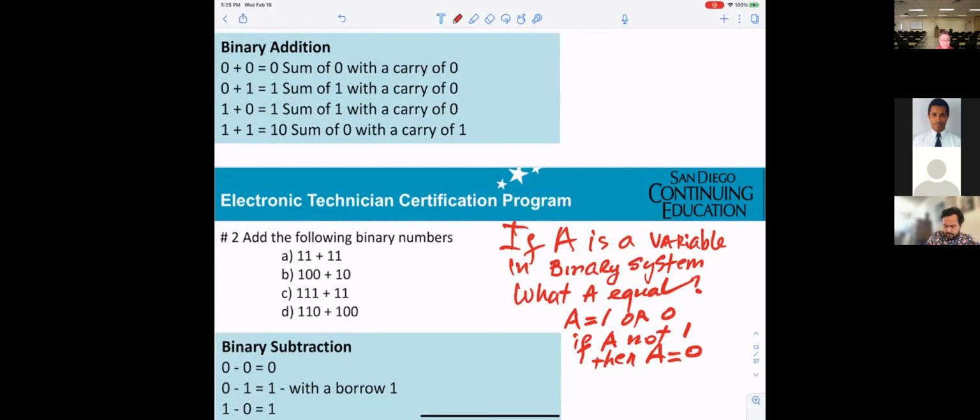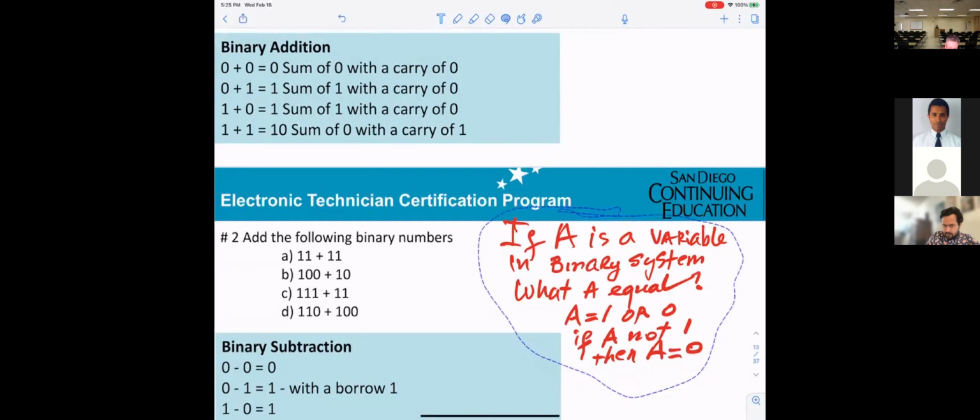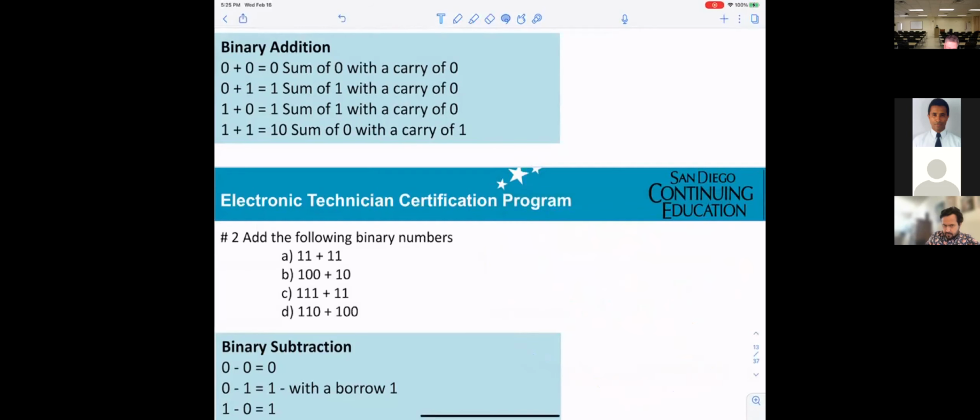Or if it's not equal to 0, then it has to be 1. That is the key point. That's why it's so easy: only 1 or 0.